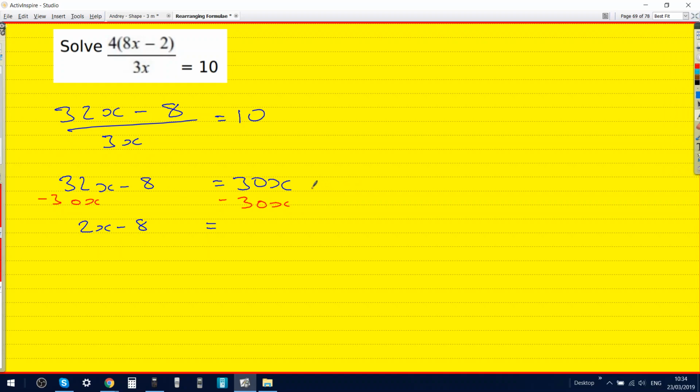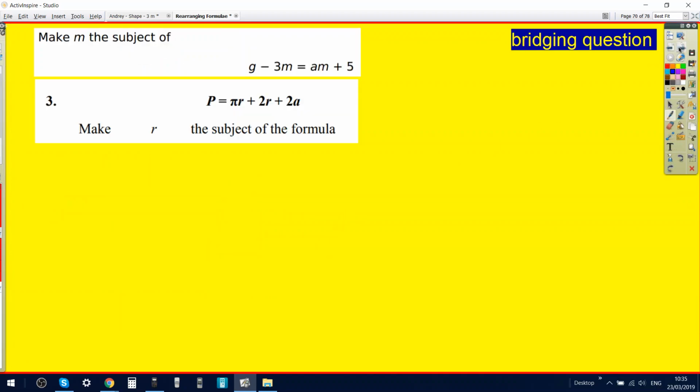What's 30 take away 30? 0. Zero's a number, don't be afraid of it. And then would you add on 8? Yes. So that would be 2x equals 8. And then divide it by 2, which is x equals 4. Well done. Don't be afraid of 0, it's a number.